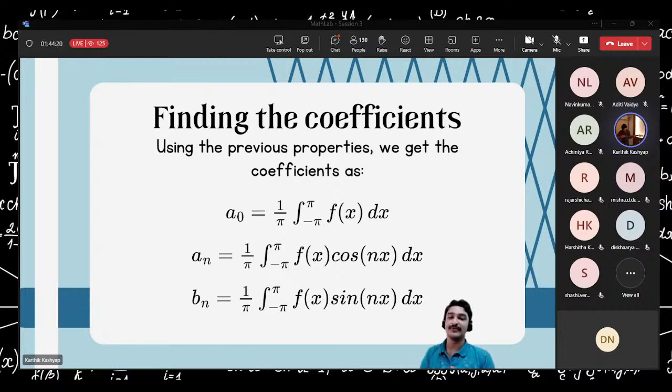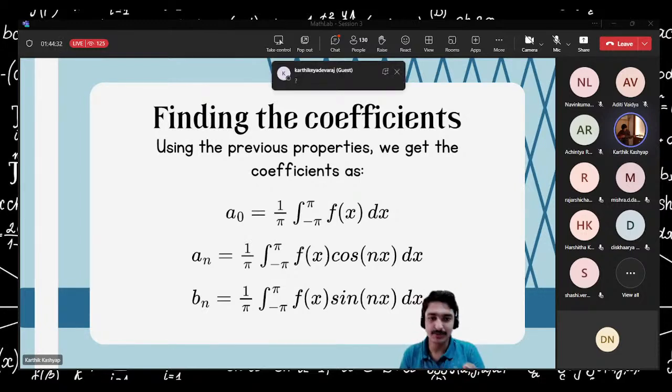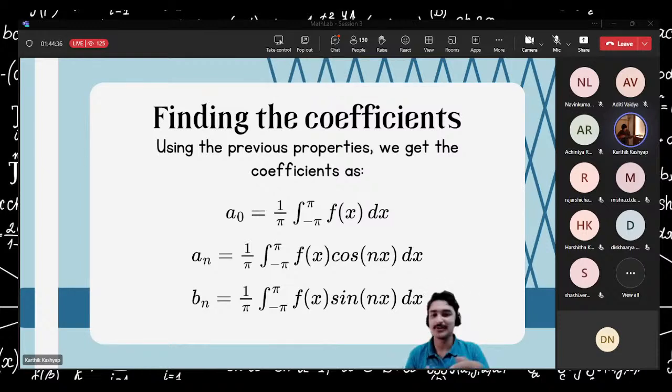If you want to remember this, you can keep it as 1 by pi times the integral of f(x) times what the coefficient is multiplied by. a_n is multiplied by cos nx in the Fourier series, so it is the integral with cos nx. b_n is multiplied by sine, so you take the integral of f(x) times sine. And a naught is just a constant, not multiplied by any trigonometric function, so you can just take it as the integral of f(x) dx.